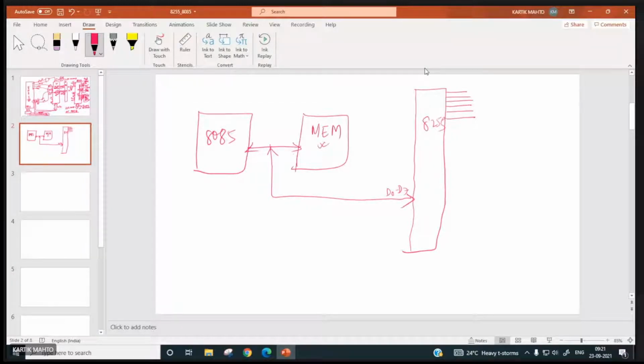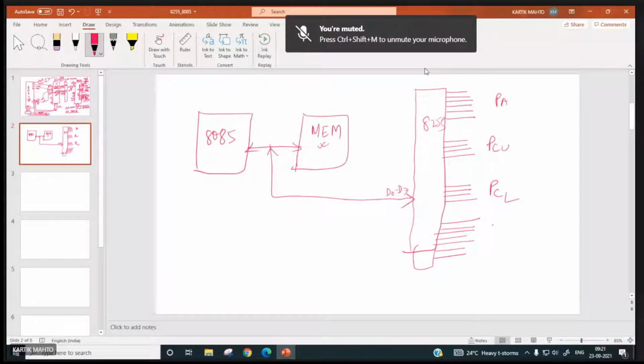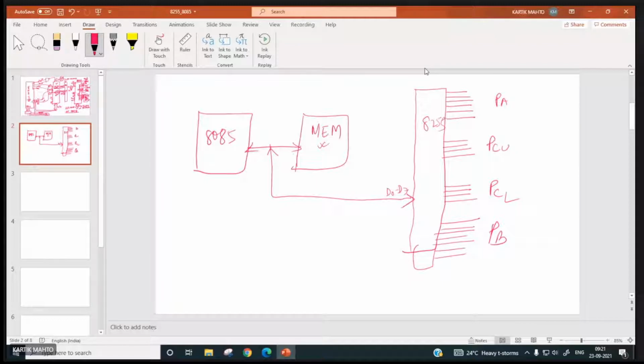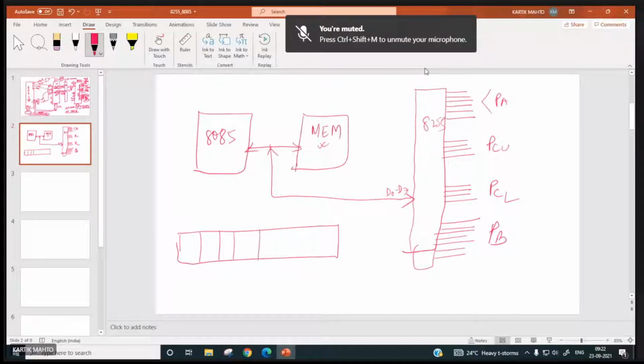Now in 8255, suppose this is port A, right? Then here 4 bit of PC upper, no? Then I will have 4 bit of PC lower and 8 pins of port B. Now in control word, you know, if you want to have port A as input, then this bit has to be 1, no?